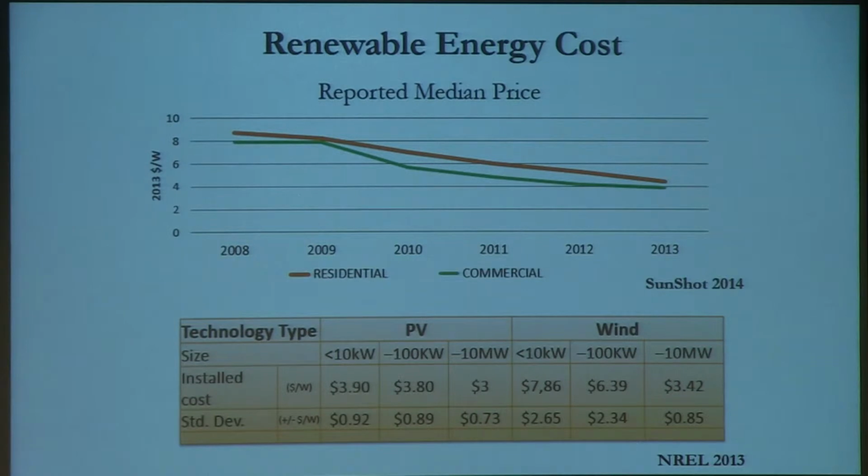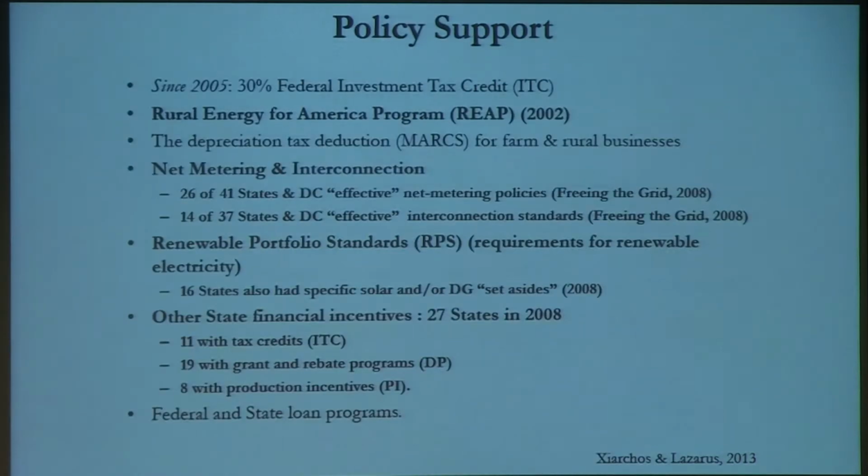Of course, these installation costs are going to depend on the size of the system, and they're going to be a lot lower for larger sizes. However, in agriculture, we're going to have most systems be under 10 kilowatts.